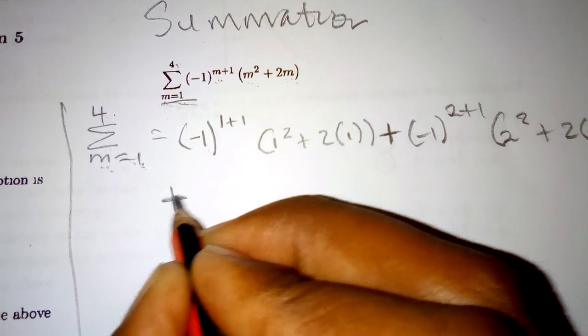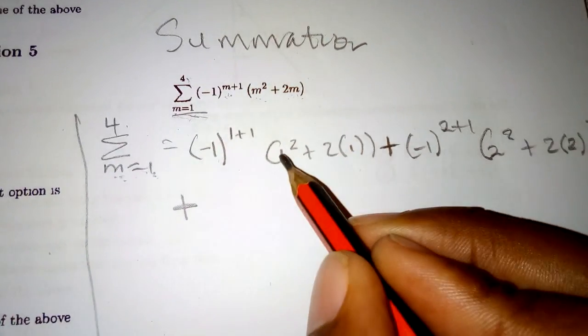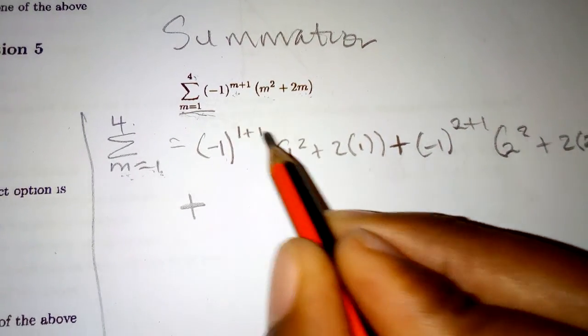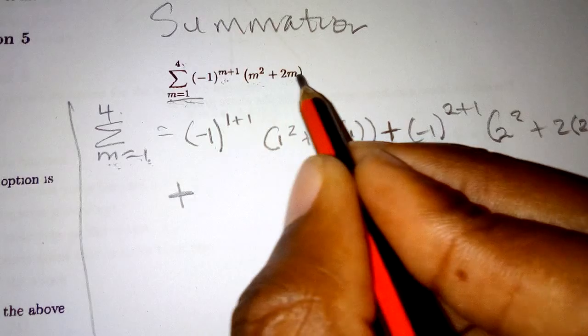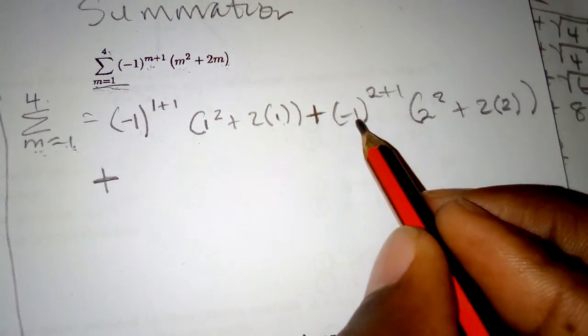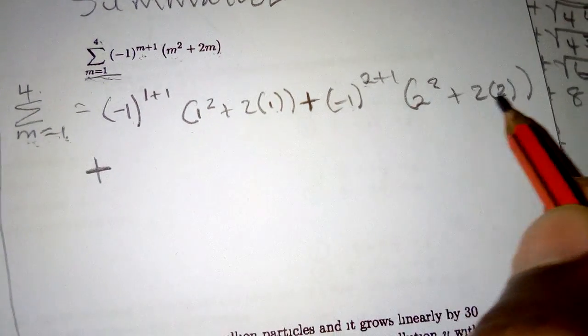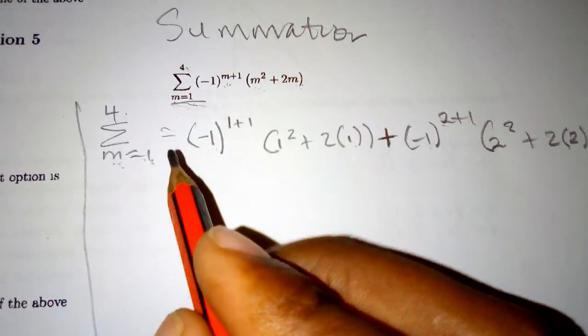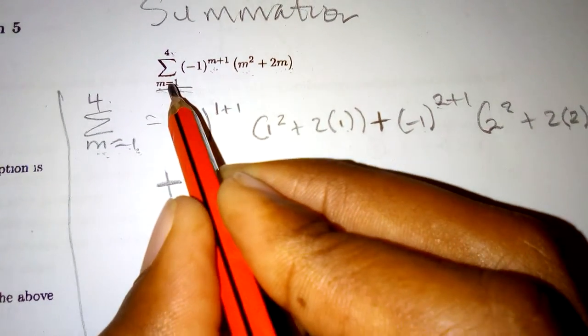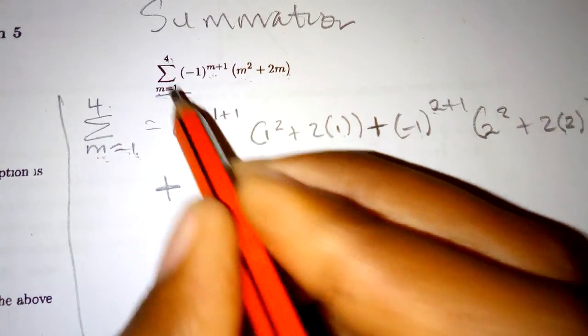And I'll come and say plus again. As you can see, I substituted m using 1 first, and then I came here and substituted m using 2. Now I have to substitute m using 3, and remember, my m must end at 4.